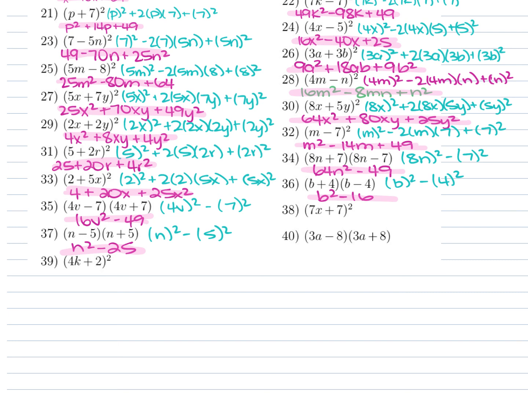For 38, you have 7x plus 7 squared. So we're going to do 7x to the second power plus 2 times 7x times 7 plus 7 squared. This is going to give us 49x squared plus 98x plus 49.